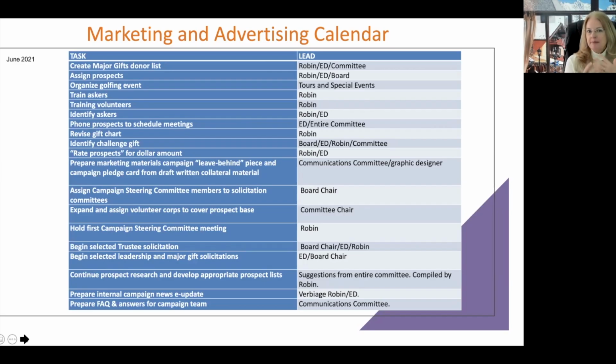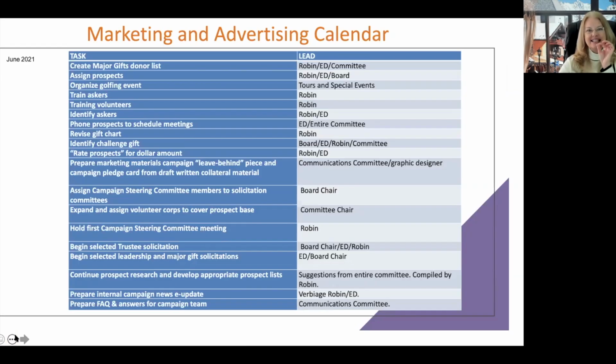Like this particular client, they were planning on a golf event. They ended up not having a golf event. Training volunteers, identifying people who are going to ask for money, creating your major gift list. This is so important for you to look at what is it that needs to be done and to put it in bite-sized pieces.